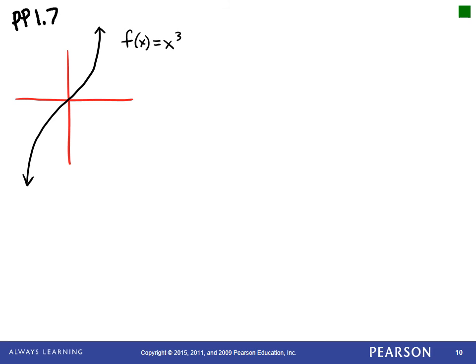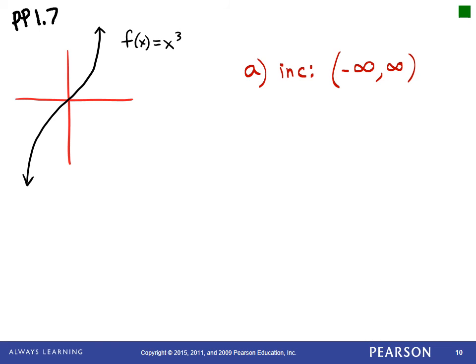All right, how about this here? Increasing from negative infinity to positive infinity. Is that right? It is always increasing. There's never a time this thing turns or changes direction. Sometimes it flattens out a little bit more, but it never changes direction. So x cubed is always increasing.